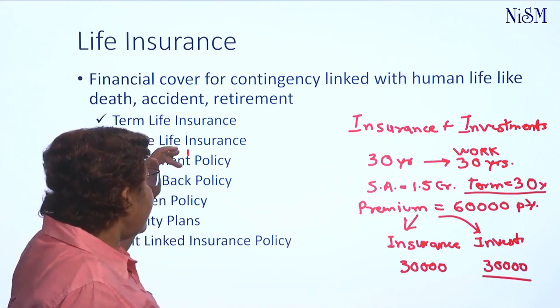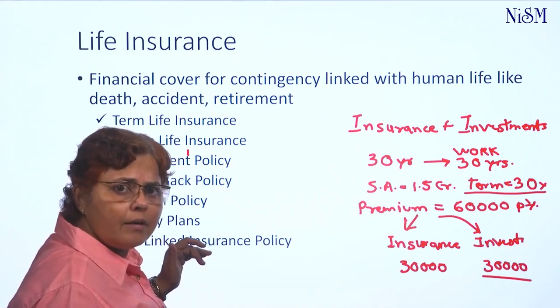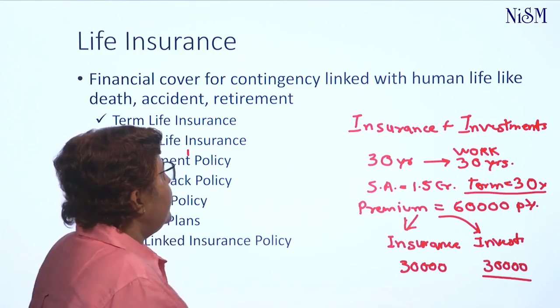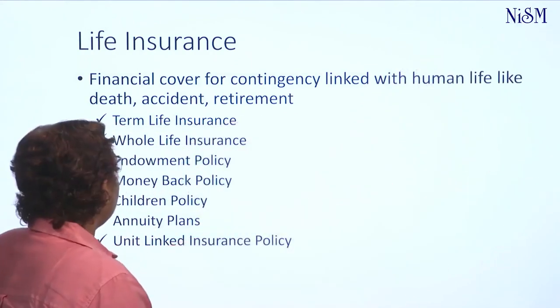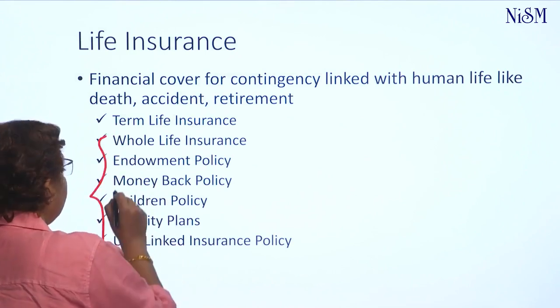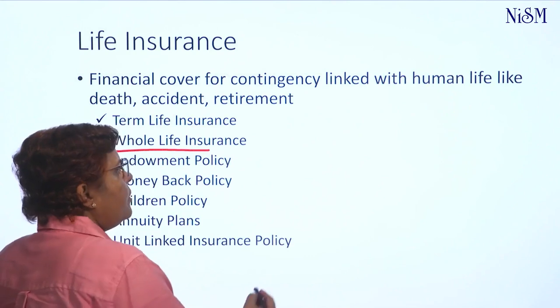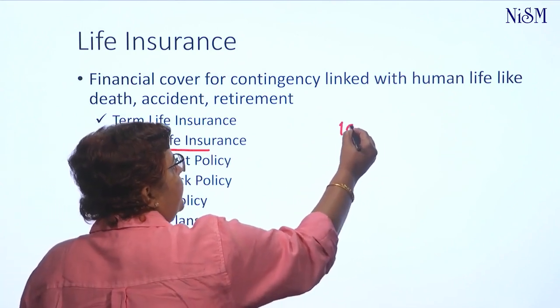Now, let us understand each and every cover, what it means and how it is applied. Let us talk about the whole life insurance cover. A person is expected to live till 100 years.